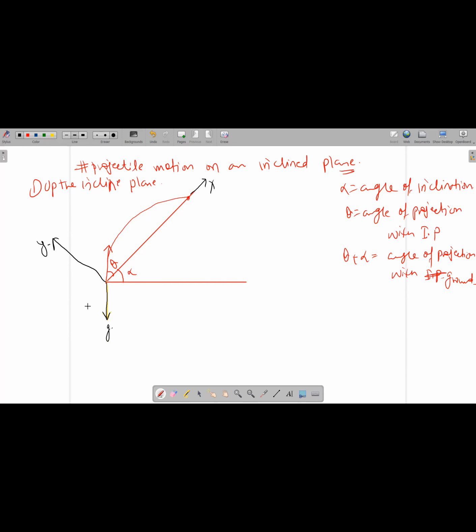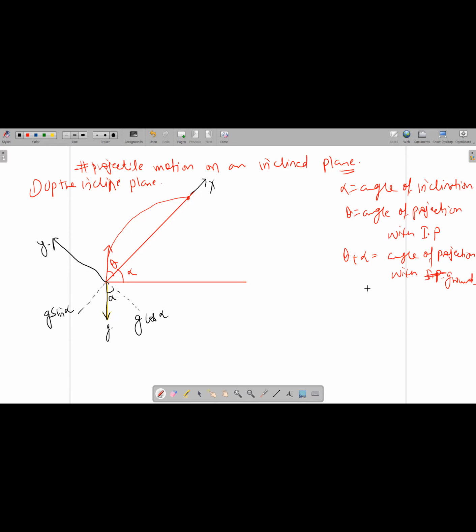Now we'll break g into two parts, one along the x-axis and one along the y-axis. If this angle is alpha, then this is 90 minus alpha, so this will also be alpha. So it will have two components, g cos alpha and g sin alpha.